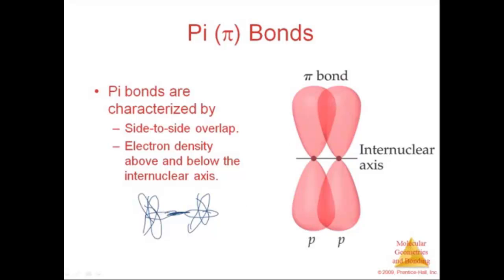And those p's, we're bonded already here on the px axis, let's say. If I want another bond, it has to come from this side-to-side overlap. Okay? So pi bonds are characterized by side-to-side overlap, and that electron density ends up being both above and below the nucleus of the atoms that are combining.